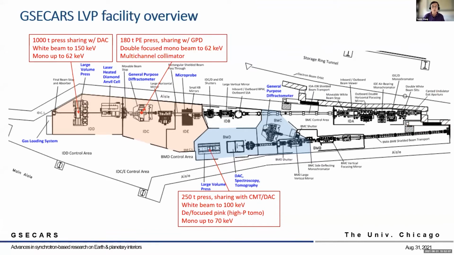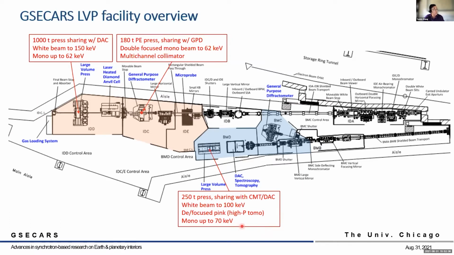So over the years, we have developed several LVP systems at GSECARS, focusing on studies of various types of properties. Each system is focusing on specific types of properties and dynamic processes of materials. Here shown is the map of our sector. We have the bending magnet beamlines shown in blue, and ID beamlines shown in orange.